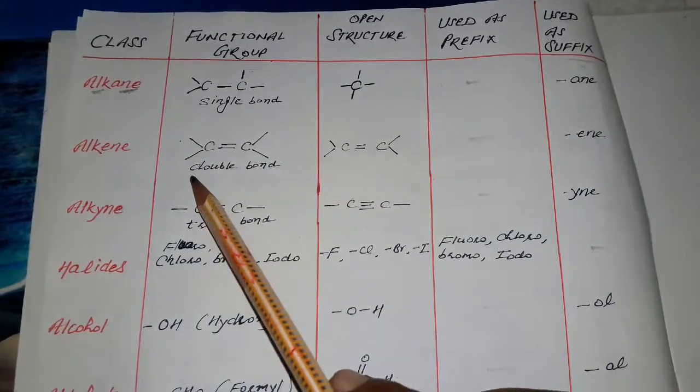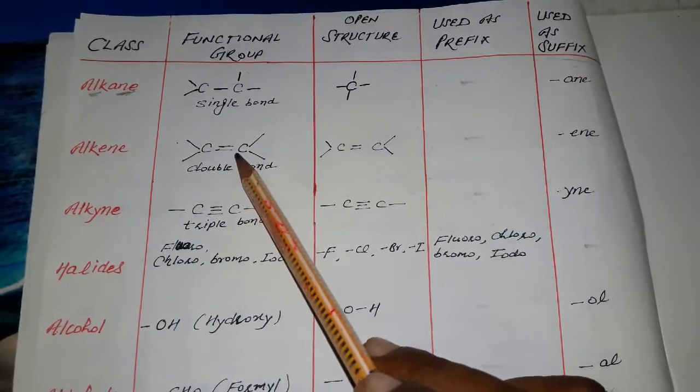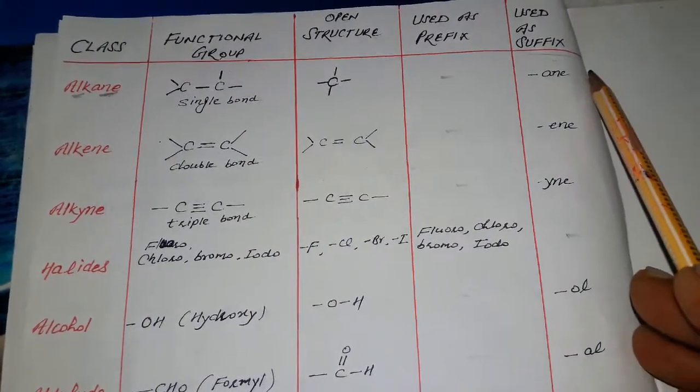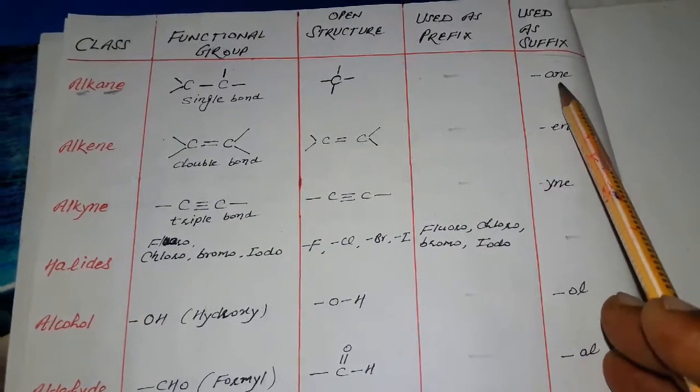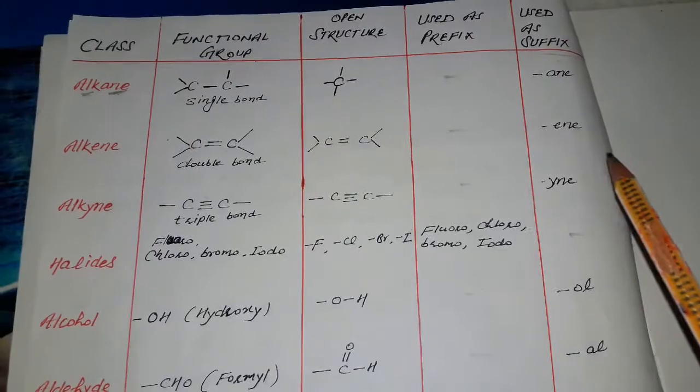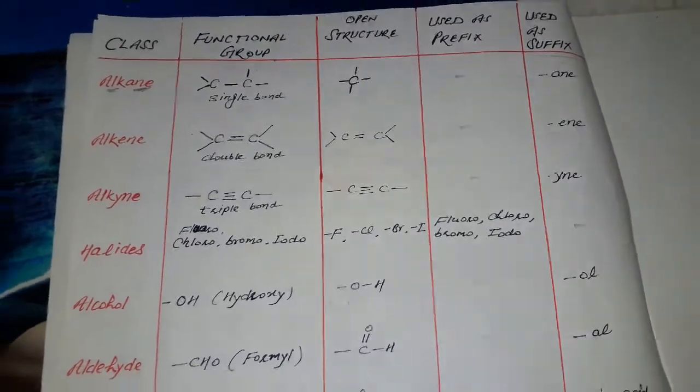Alkene shows the presence of a double bond, unsaturated hydrocarbons. Alkyne shows a triple bond. As a suffix at the end of the word root, we use ane for single bond, ene for double, and yne for triple.